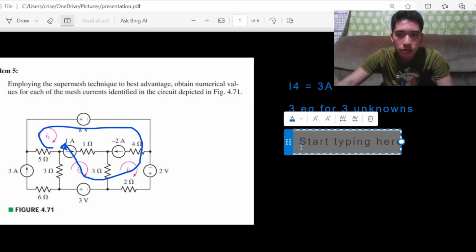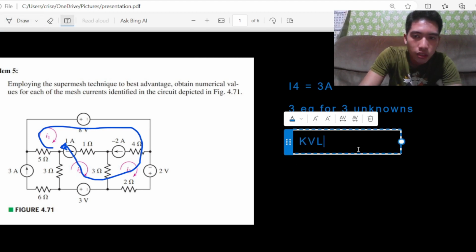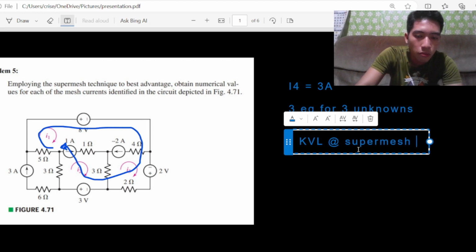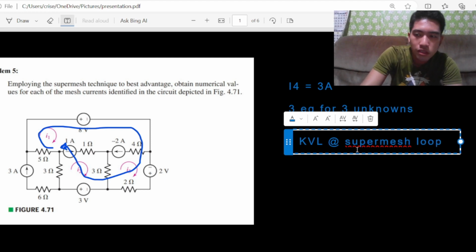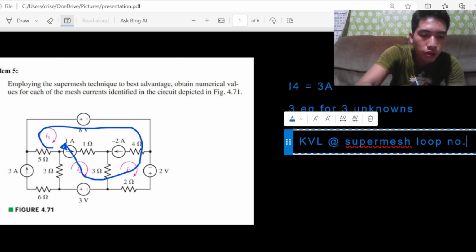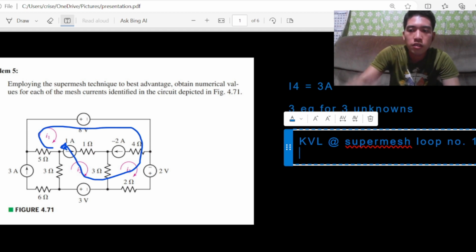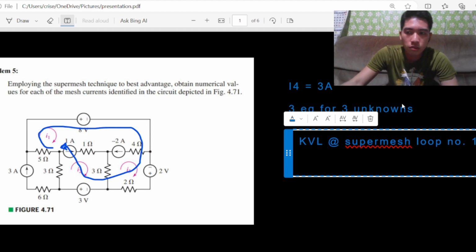So write in here KVL at supermesh loop, and we'll say this is the supermesh loop number 1. So here we go. This is the KVL supermesh loop number 1.